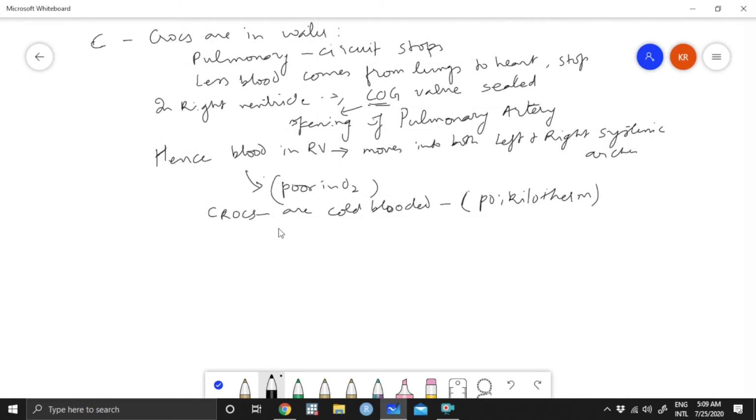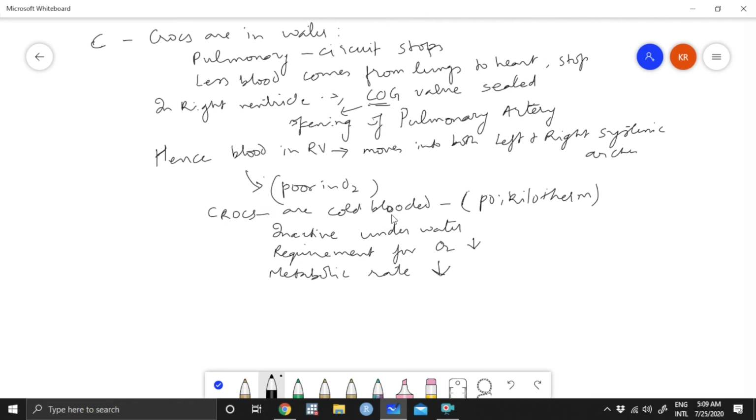So they are inactive underwater. So their requirement for O2 decreases. Metabolic rate decreases. So all these things are related.